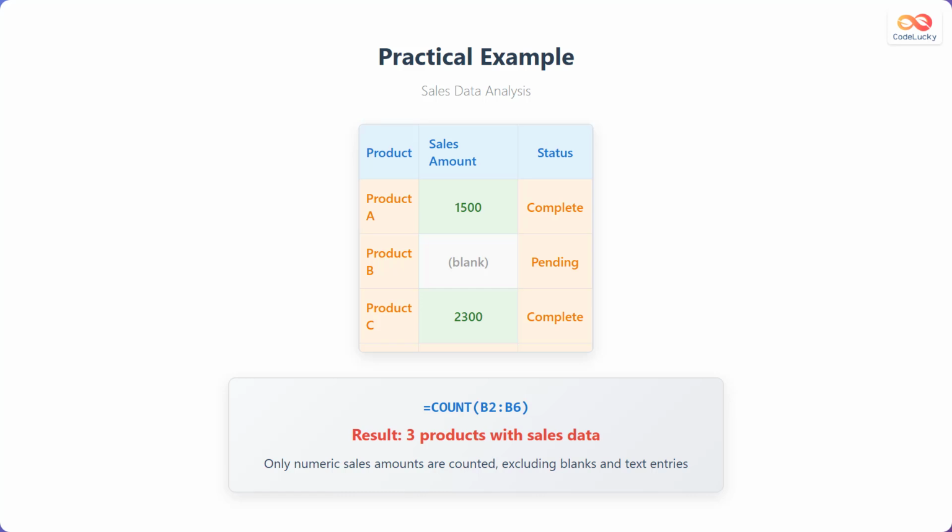Product D has not applicable in the sales amount column, and the status is canceled. Product E has a sales amount of 1,800, and the status is complete. If you use the formula =COUNT(B2:B6), it will return a result of 3, indicating that there are 3 products with numeric sales data.